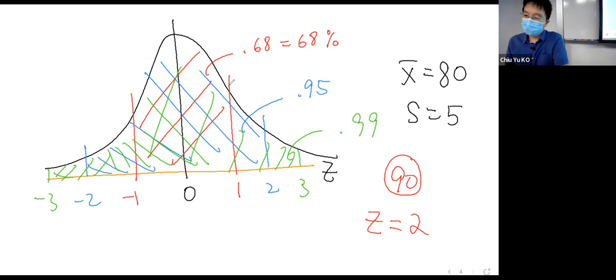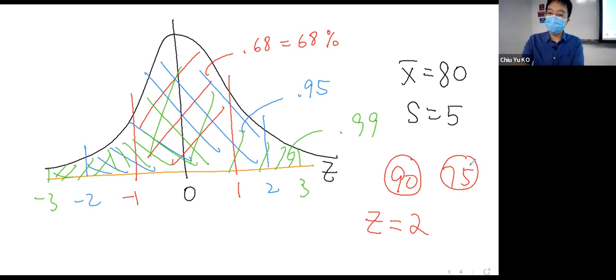And if your score is, say, 75, just 1 SD below, you may think it's still okay, but you look at the data, and actually a lot of people are higher than you, although you're just 1 SD off.